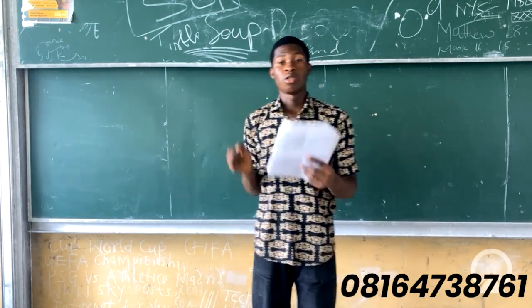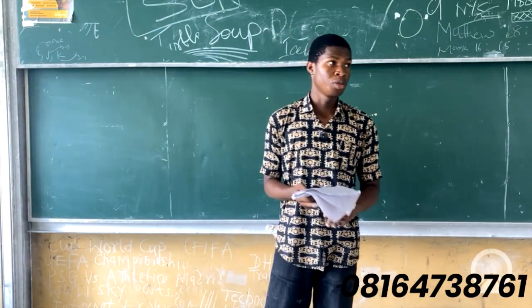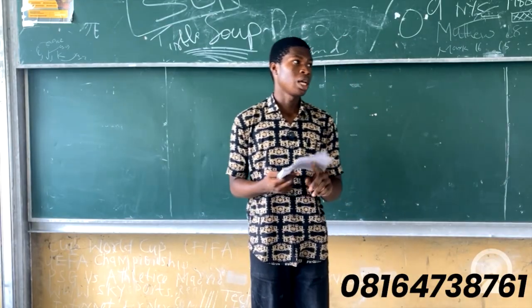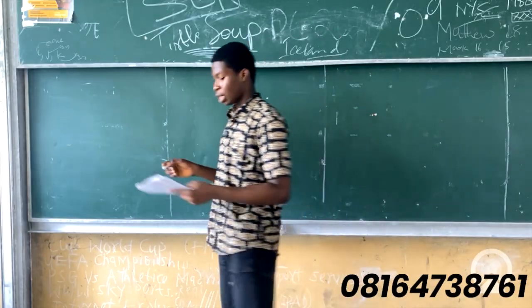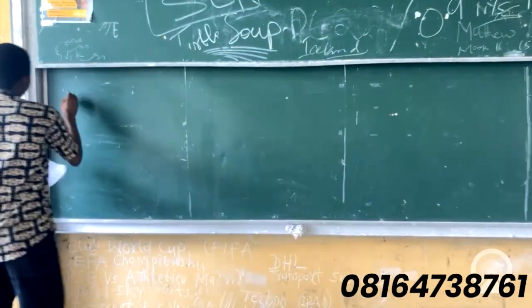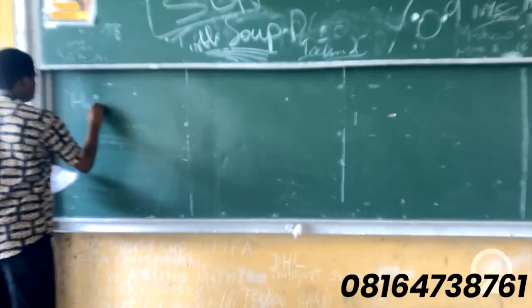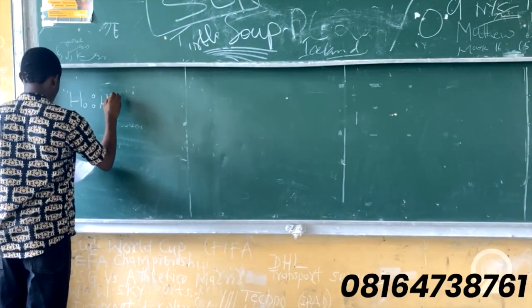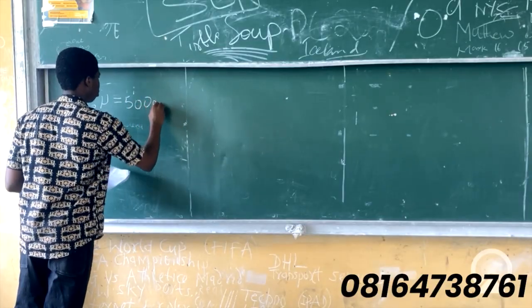So now we are going to write out our parameters and our hypotheses, the null hypothesis and the alternate hypothesis. We start with the null hypothesis, which is mu is equal to 500 ml.